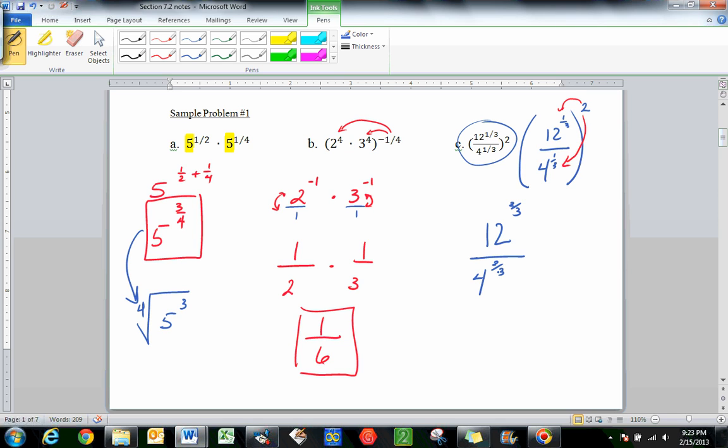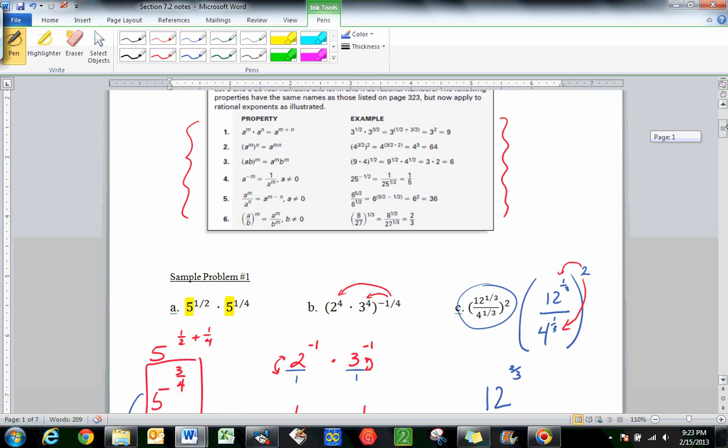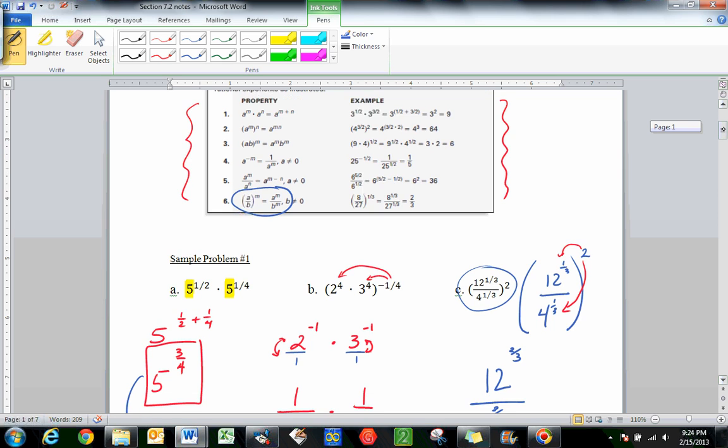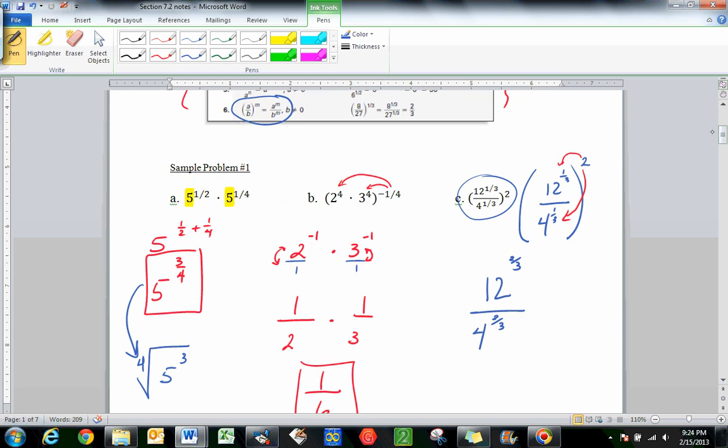Now, interestingly enough, if we go back up to our properties and we look at this, whenever we have a power that's the same, the power gets distributed, and you can actually back that out and go the opposite way with that. I know that's a little confusing at first glance, but what we're noticing here is that this exponent and that exponent are actually the exact same thing.